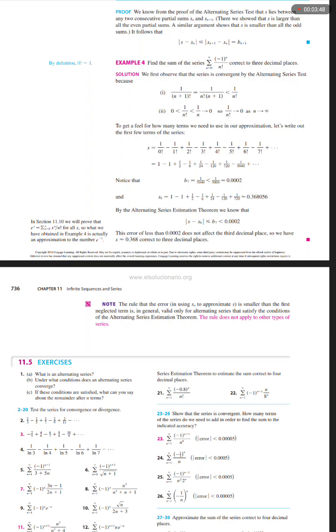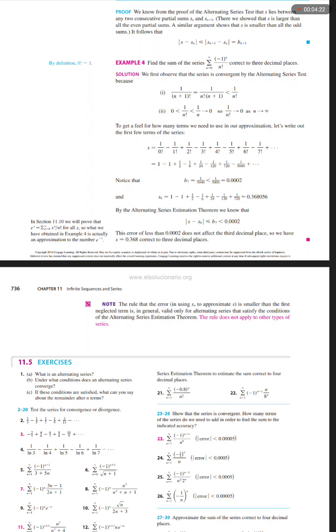By the alternating series estimation theorem, we know that the absolute value of S minus S sub 6 is less than or equal to b sub 7, which is less than or equal to 0.0002.